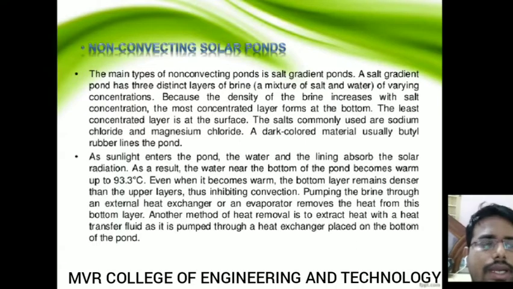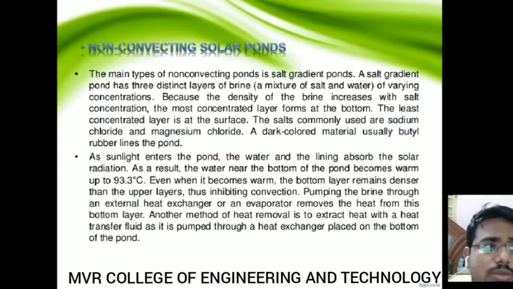At the bottom of the pond, most of the radiation comes, and most of the salt will be heated there. Whenever it absorbs more heat, at the bottom layer the salt is filled in the bottom layer of the pond.